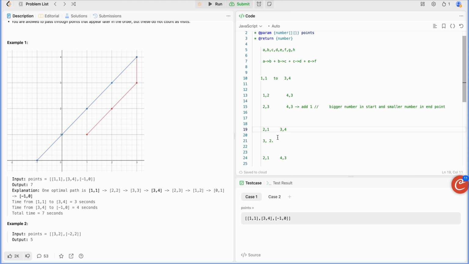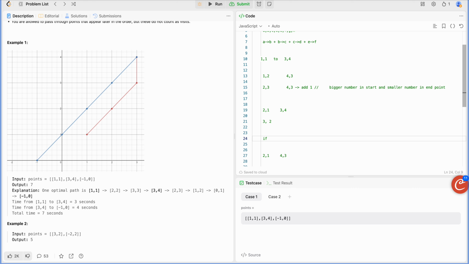I mean, if the end point is above the start point, then I need to add, right?